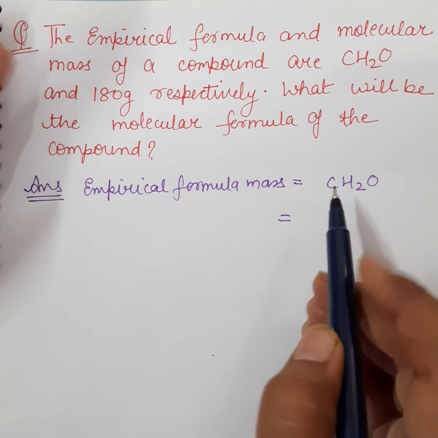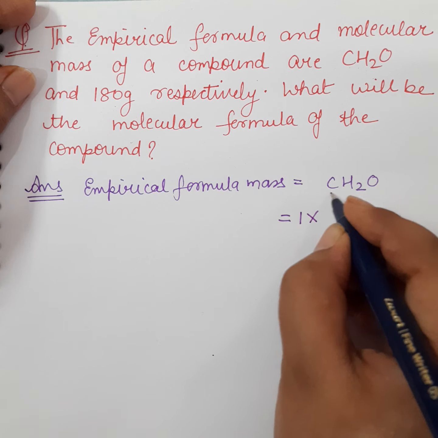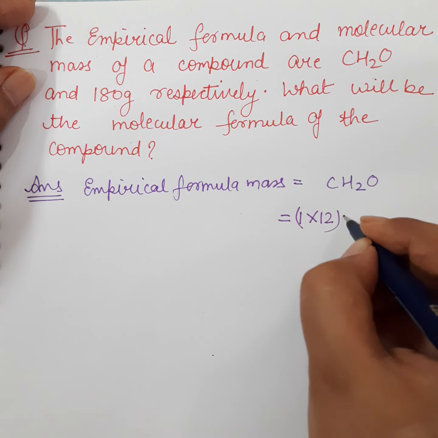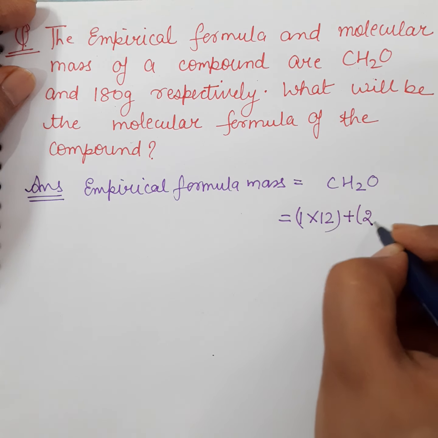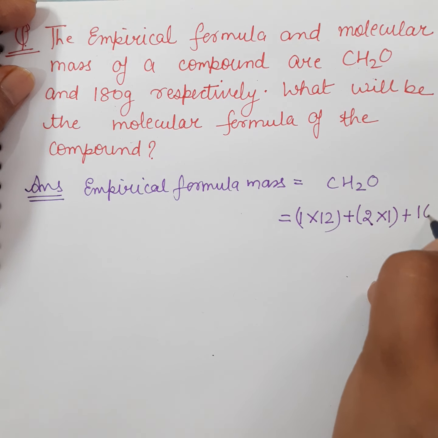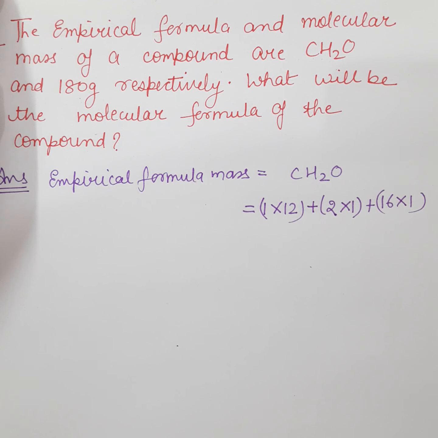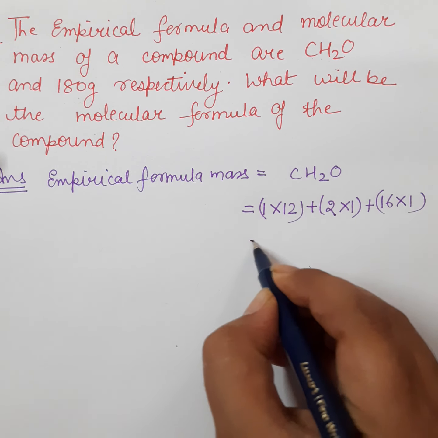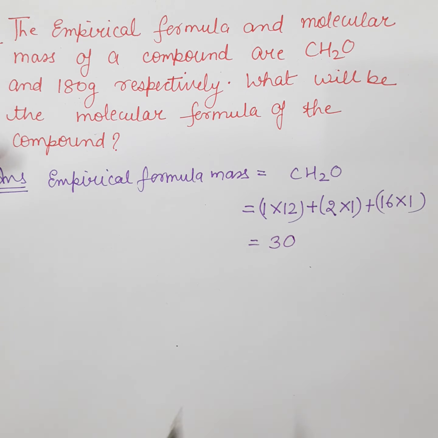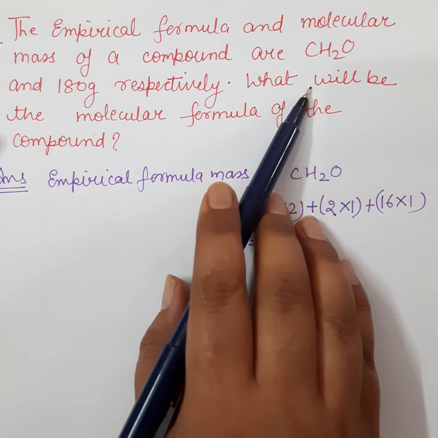There is only one, so 1 is multiplied with its atomic mass. After that plus 2 into 1 plus 16 into 1. This is how we calculate the mass. The answer comes out to be 30. So this is the empirical formula mass of this empirical formula.